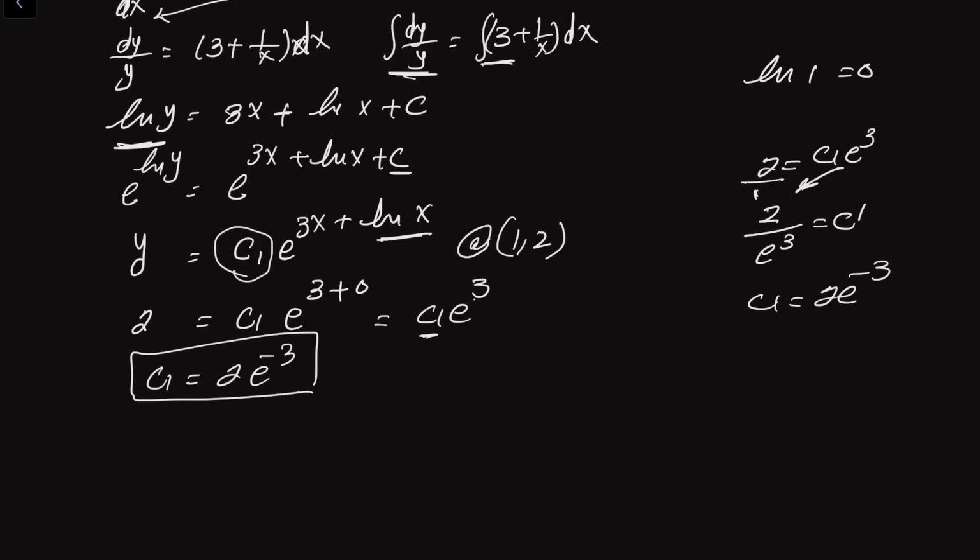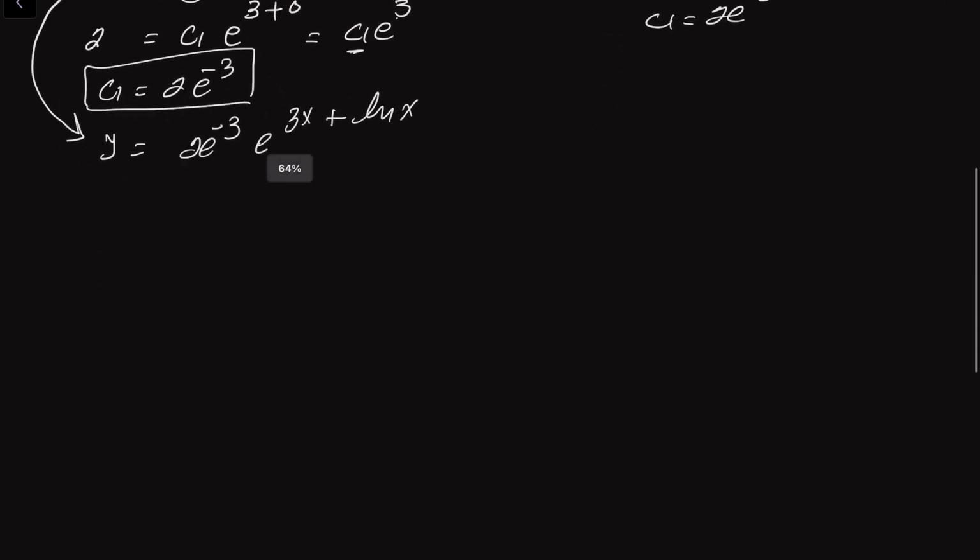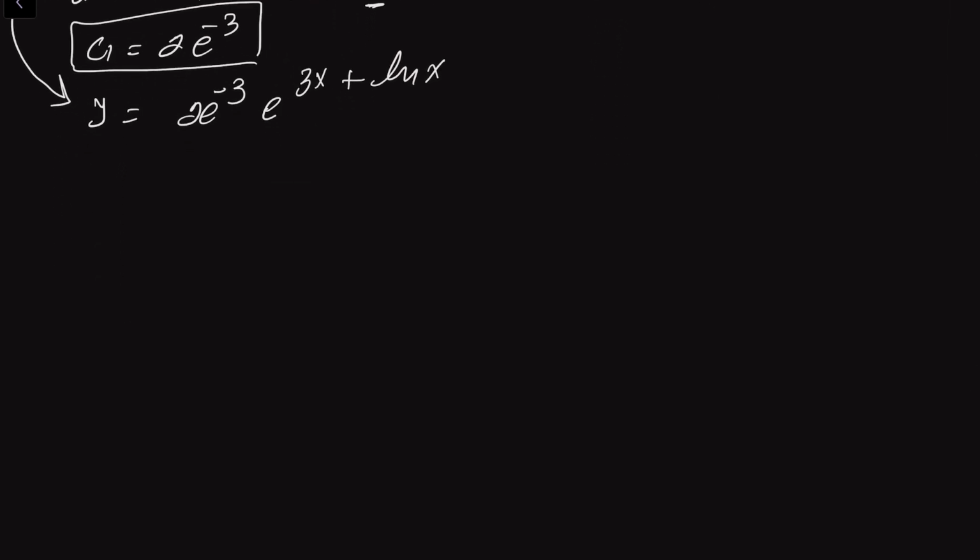And let's substitute this, go back to my y equation. So y will equal 2 e to the negative 3 times e to the 3x plus natural log of x. Okay, so how do we simplify this?